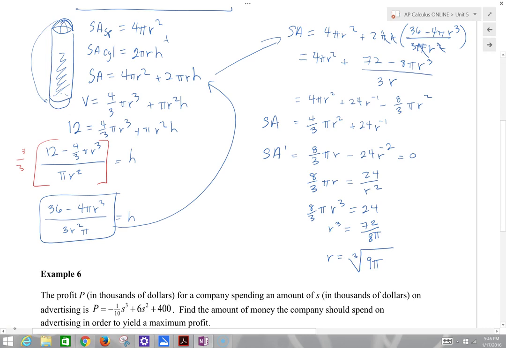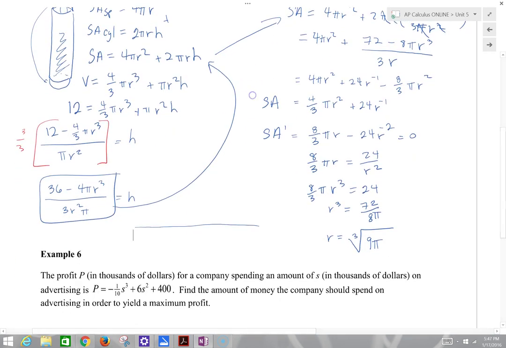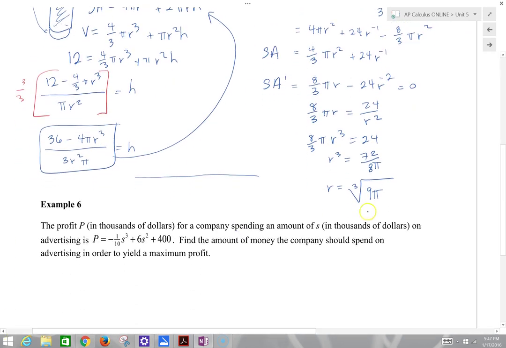And then we're going to need to do a sign chart and verify that that really does minimize our surface area. In order to figure out what interval we should use, you might want to plug in 9 pi and take the cube root. But the cube root of 8 would be 2. Cube root of 1. So it's got to be somewhere. Oh, that should be divided by, huh?